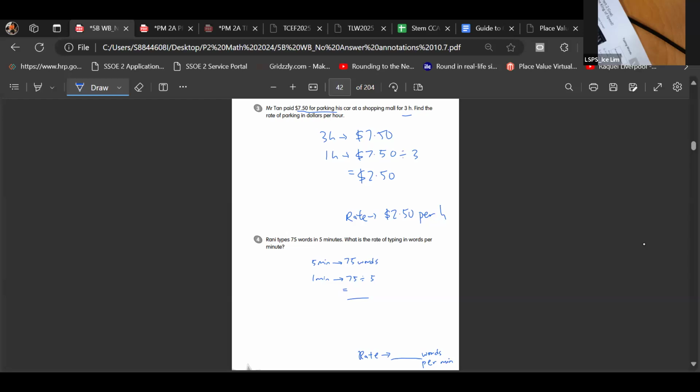Now question 3, you are done with page 42, please pick up a computer. This is page 42. Once you're done with page 42, go pick up a computer. I'll share with you the Zoom code now.